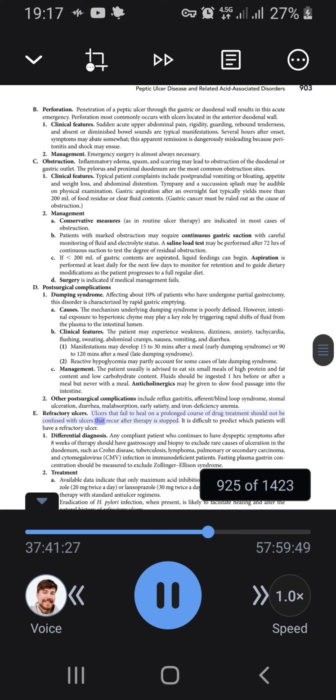E. Refractory ulcers. Ulcers that fail to heal on a prolonged course of drug treatment should not be confused with ulcers that recur after therapy is stopped. It is difficult to predict which patients will have a refractory ulcer. 1. Differential diagnosis.